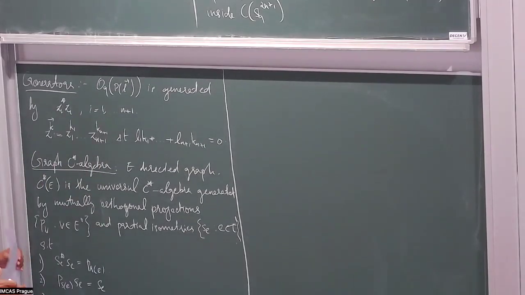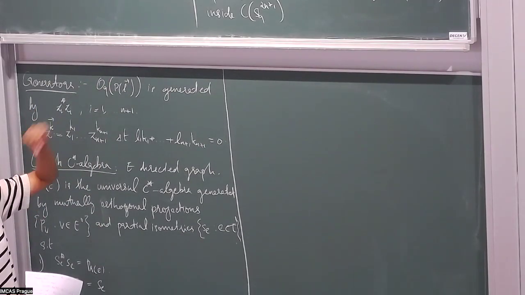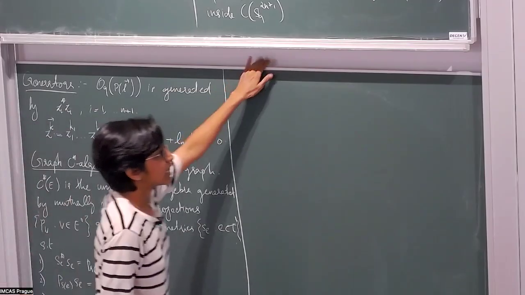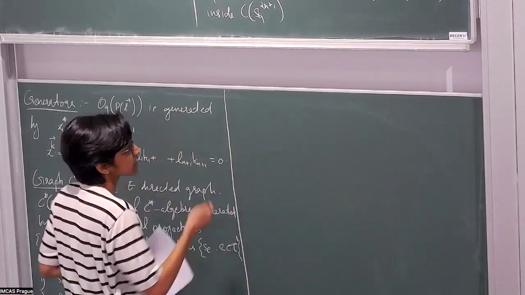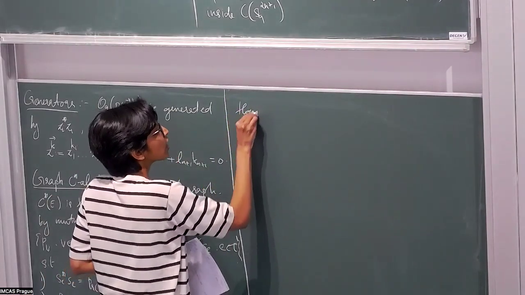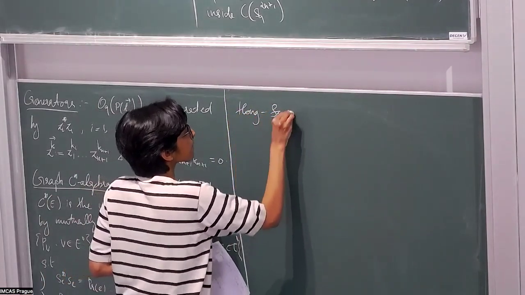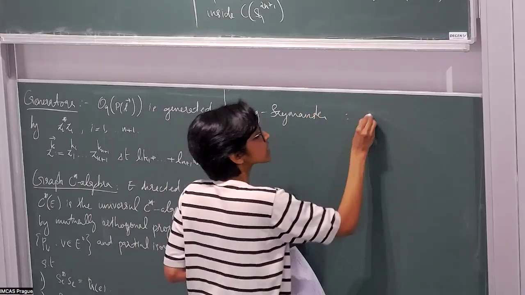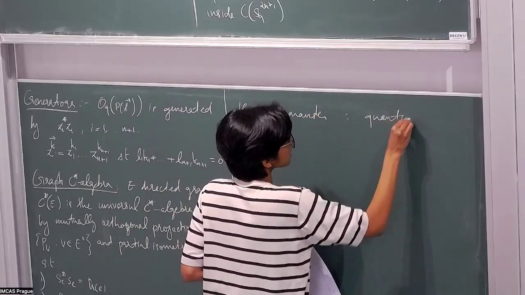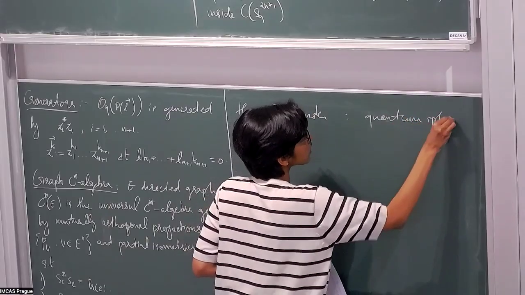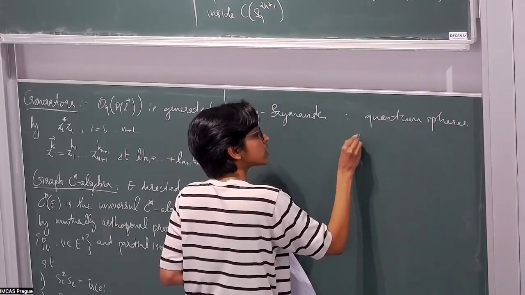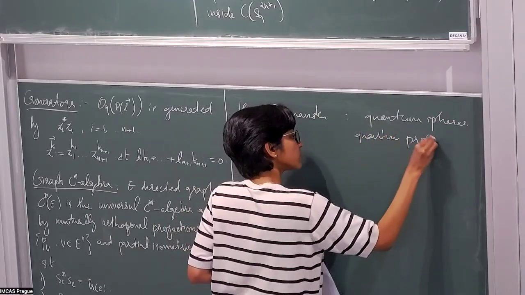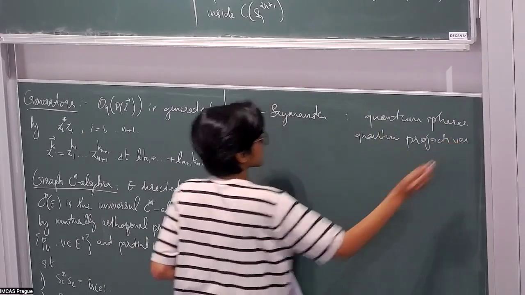And so our goal is to realize these C-star algebras as graph C-star algebras. Similar work in this direction was done earlier by Szymanski. What they actually did was they realized quantum spheres and quantum projective spaces as graph C-star algebras.